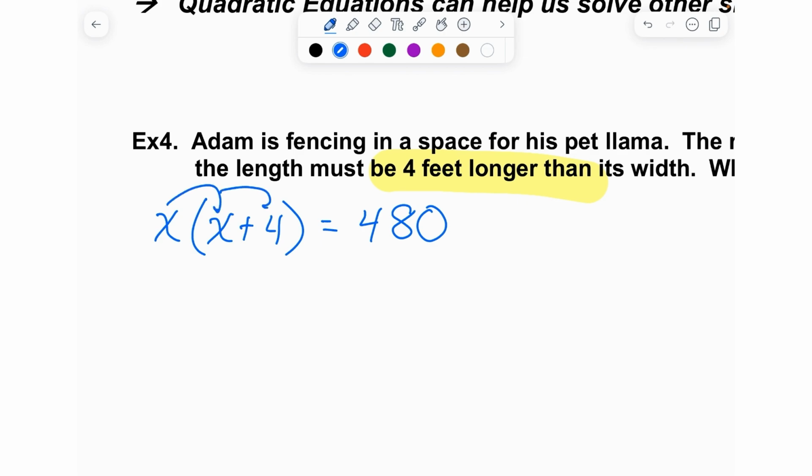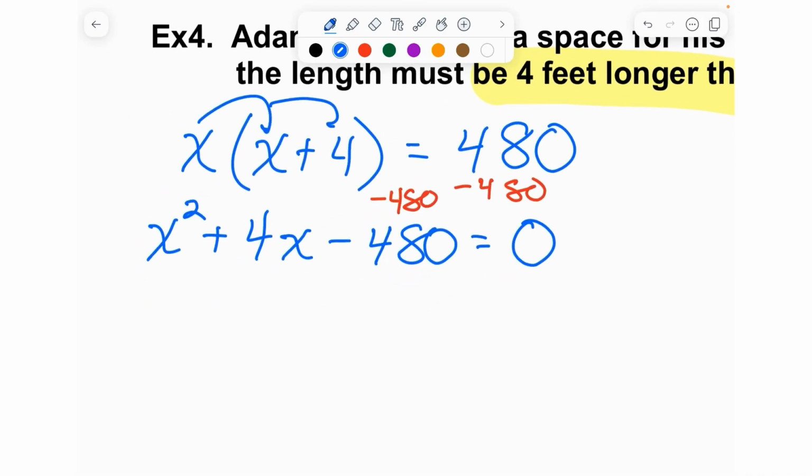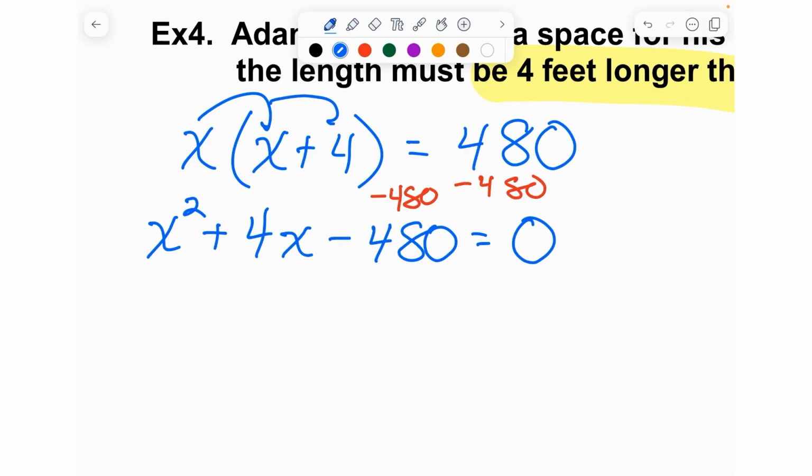Not just any equation, but a quadratic equation. As soon as I distribute x, that gives me my x squared. And looking a little bit into the future, I'm going to want to move my 480 over so that my equation is equal to 0. So if I subtract 480, I have myself a classic quadratic equation.